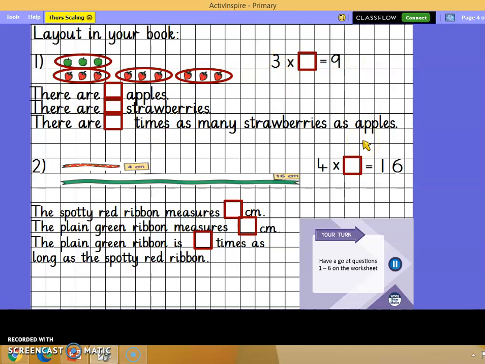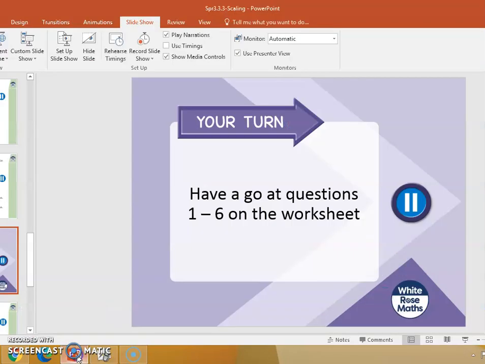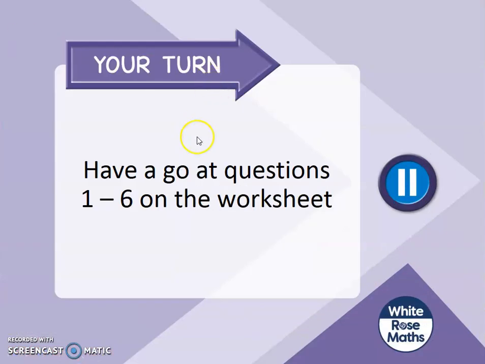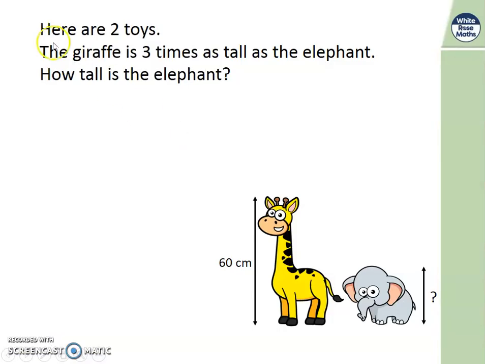You can pause the video here and use this expectation to help you lay it out neatly. Have a go at all the questions 1 to 6 on the worksheet and then come back to the video. Let's have a go then at the next questions.